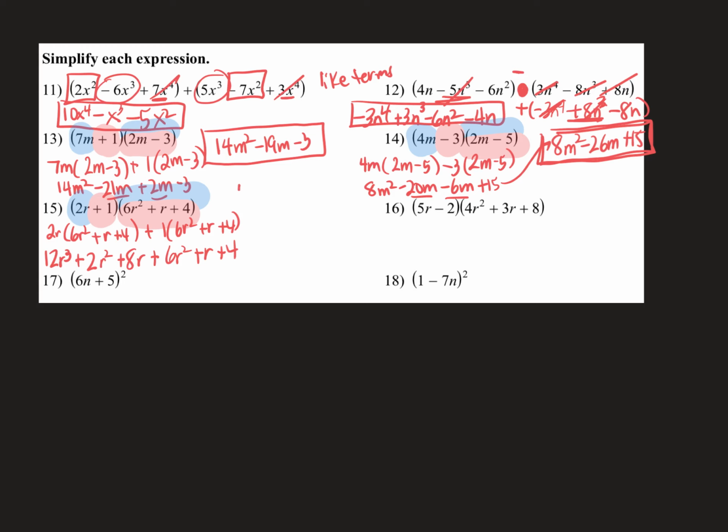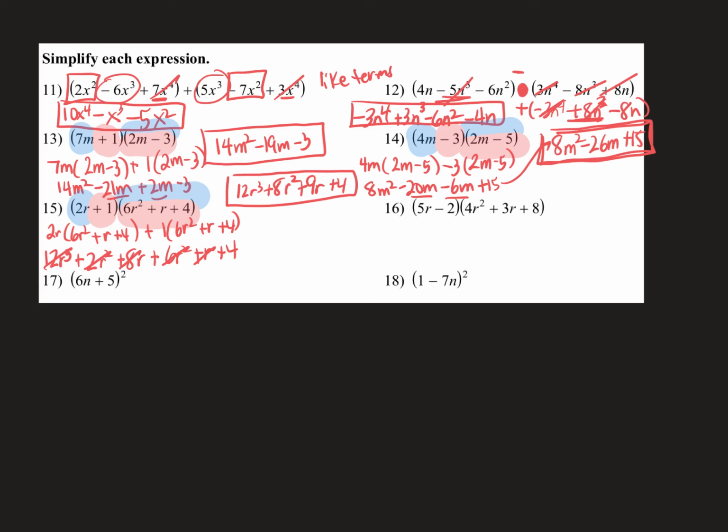Combine like terms. 12r cubed does not have a like term. 2r squared and 6r squared is 8r squared. 8r plus 1r is 9r plus 4. That's my answer to number 15.